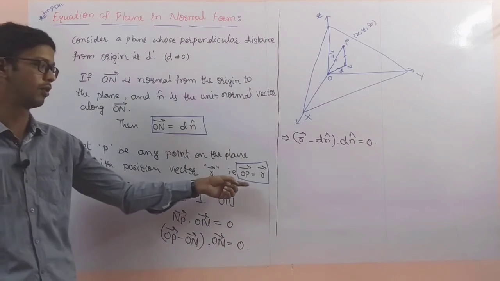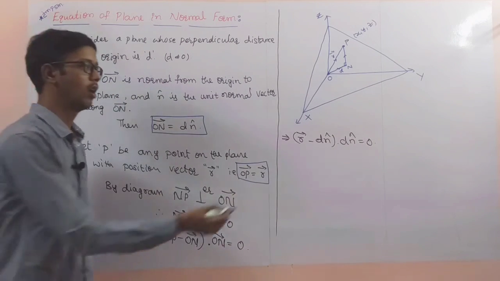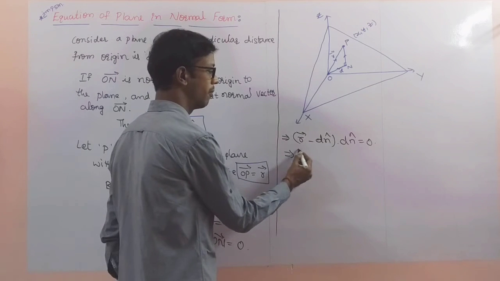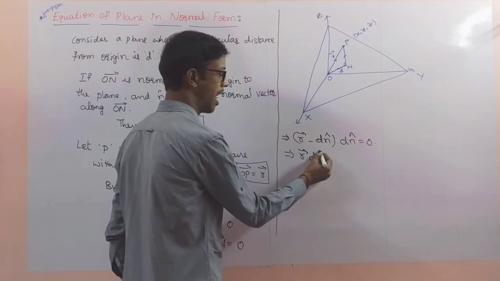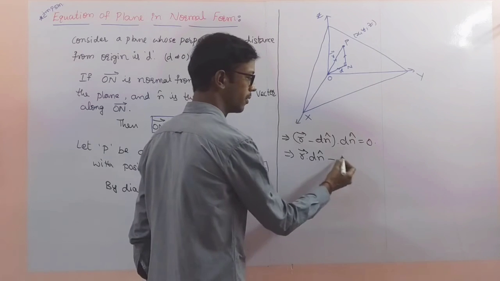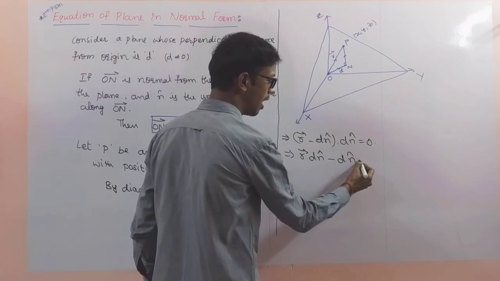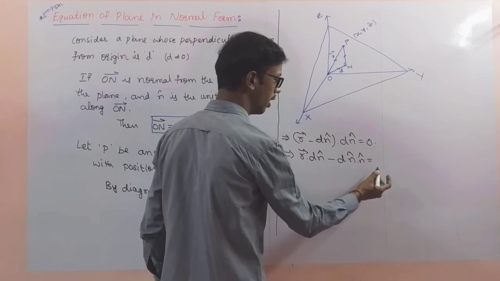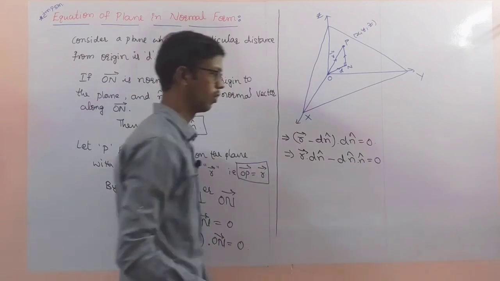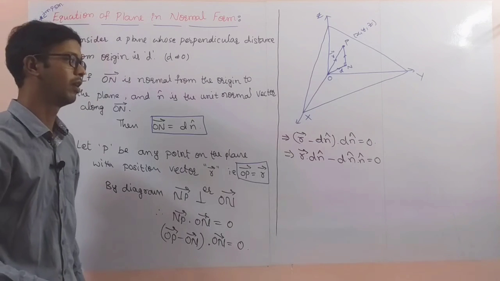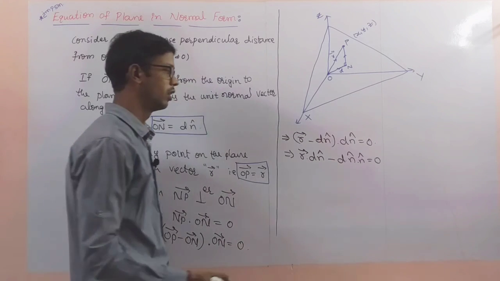Just substitute OP bar and ON bar. Now multiply inside: R bar dot d n cap minus d n cap dot d n cap equal to 0.